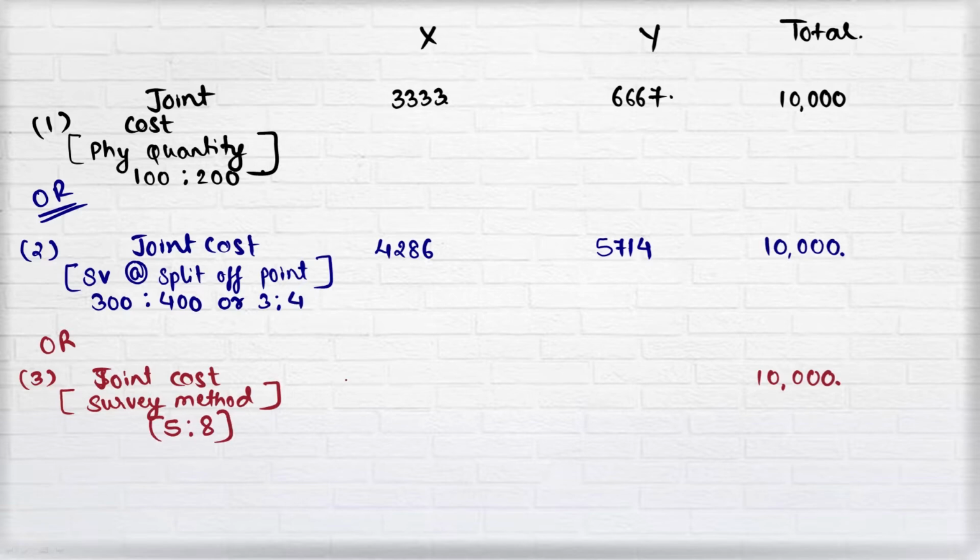What will be the answer? 3,846. And Y? 6,150. We have distributed joint cost in the ratio of survey method or some specified method. Last one.